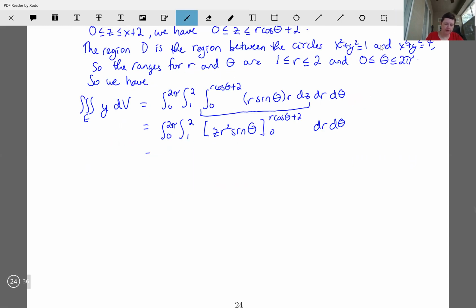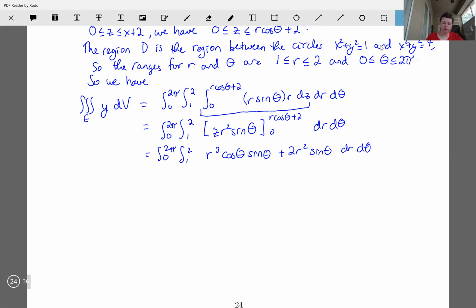Okay, so that's going to lead to the integral from 0 to 2 pi, the integral from 1 to 2, of r cubed cosine theta sine theta plus 2 r squared sine theta dr d theta.